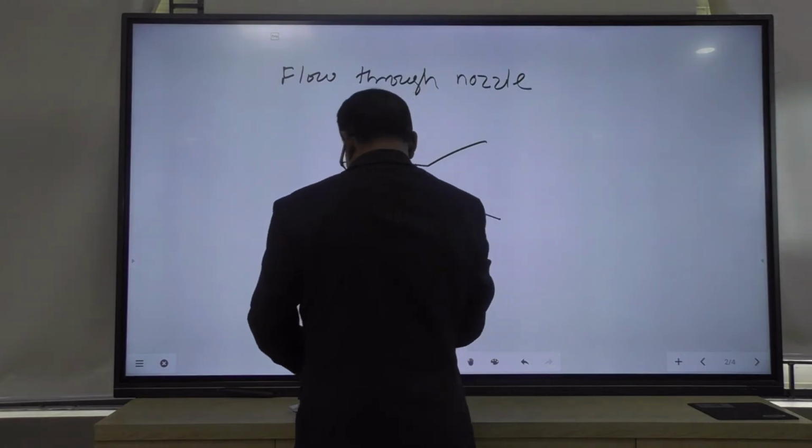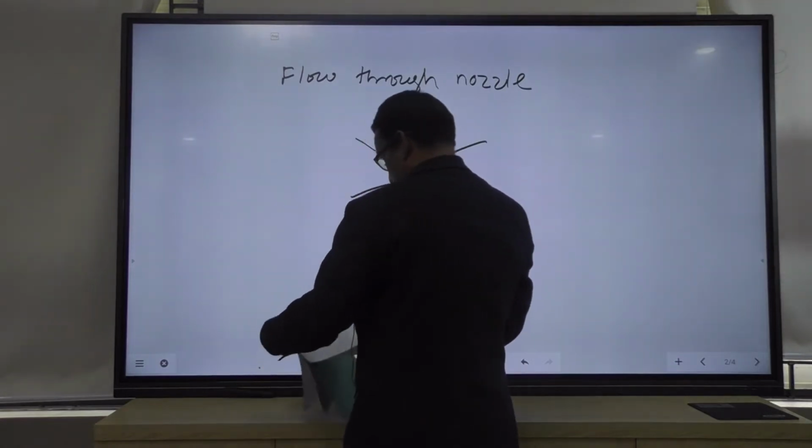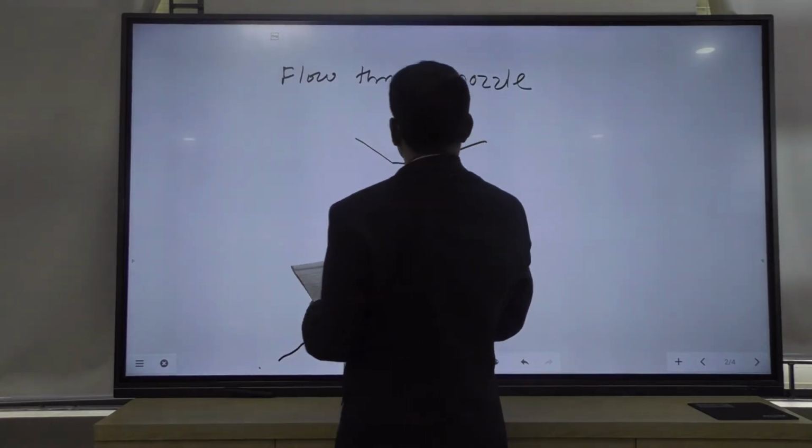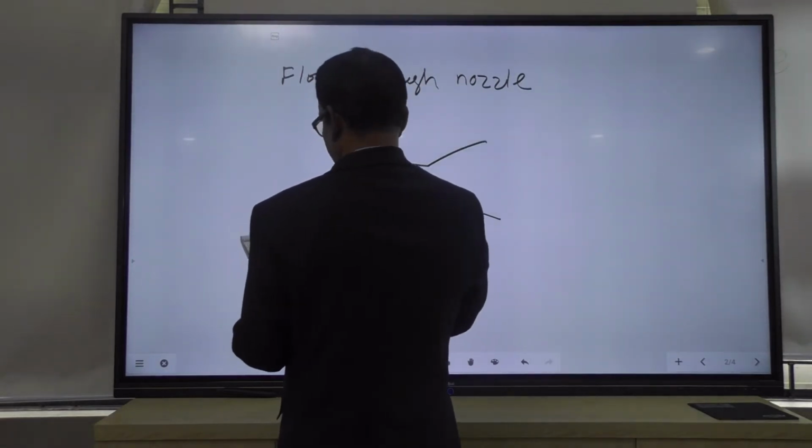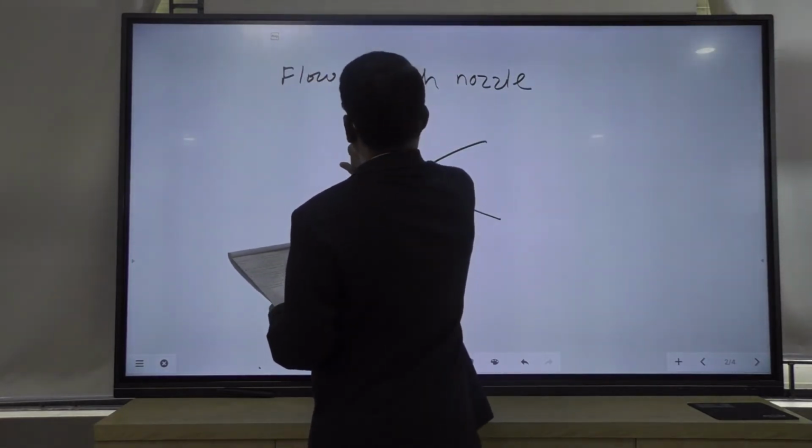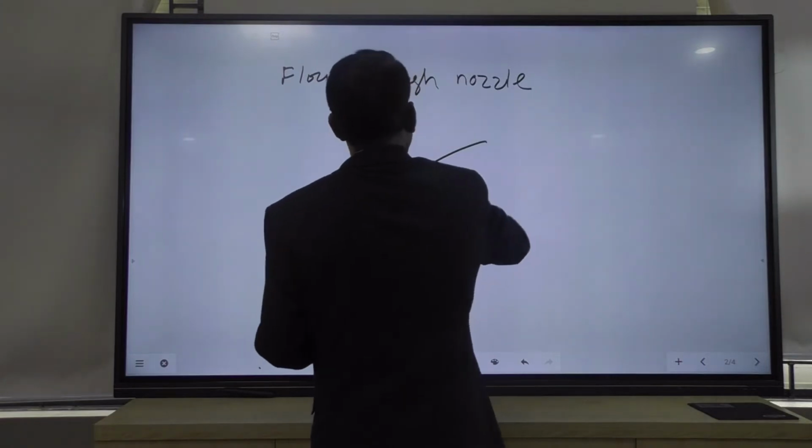This is a nozzle. Here this is section 1 and this is section 2.